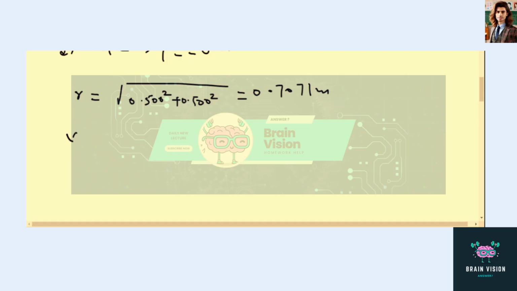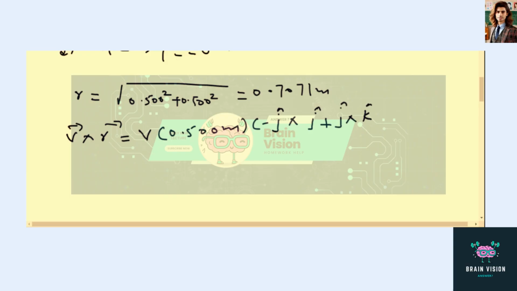Further, we find v cross r. v cross r is equal to v times 0.500 meter times minus j cap cross j cap plus j cap cross k cap, and that is equal to 4.00 times 10 to the power 6 meters squared per second in the i cap direction. Now let's find the magnetic field.